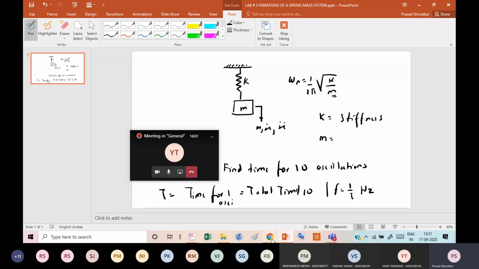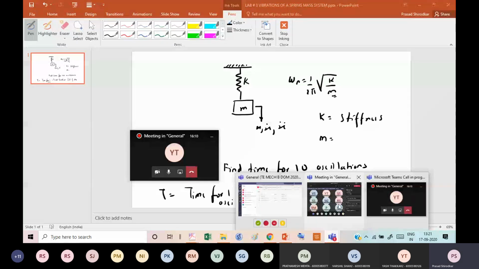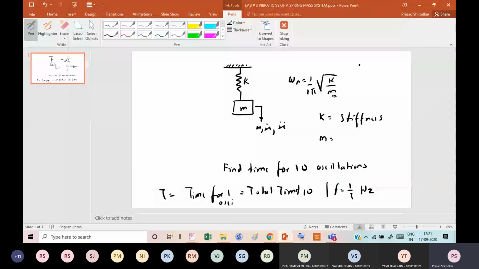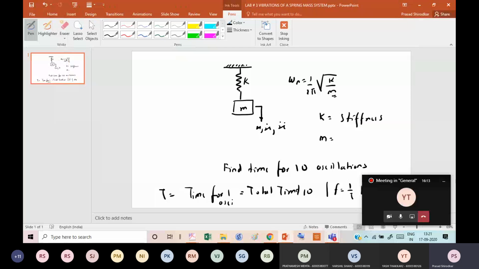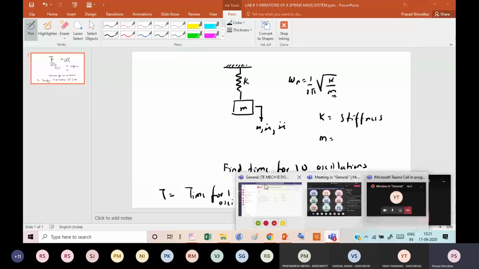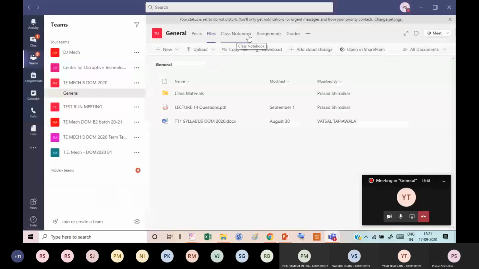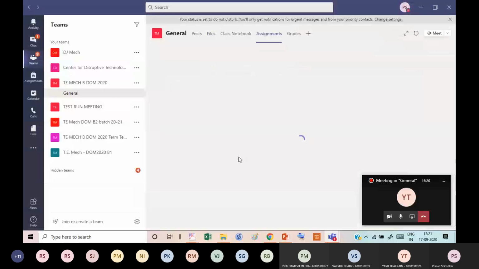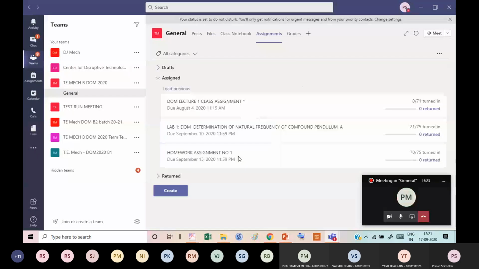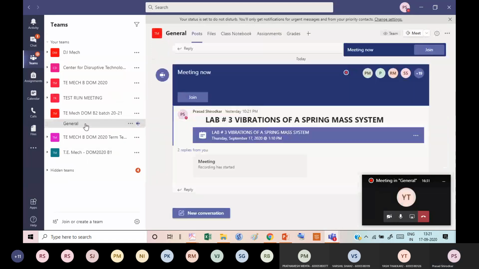Now, before you do the experiment, just open up your assignments. In your assignments, there are some instructions which are given. You have to open up the assignment in your lab.